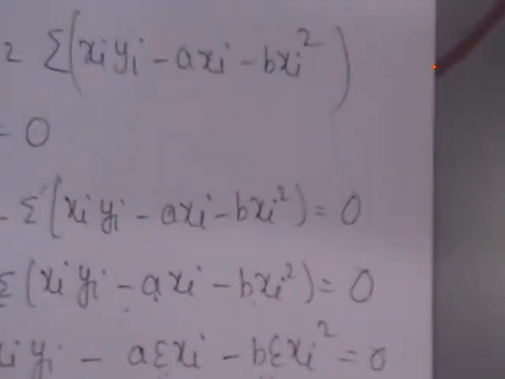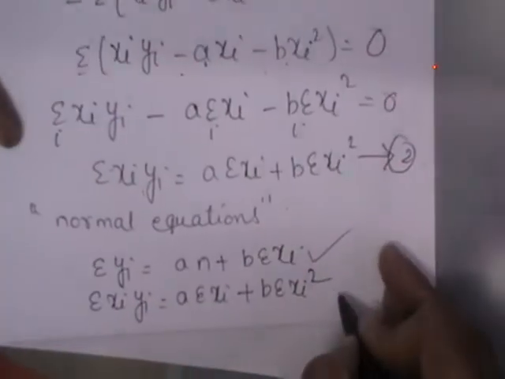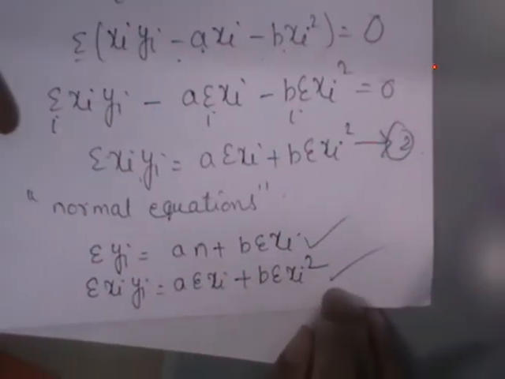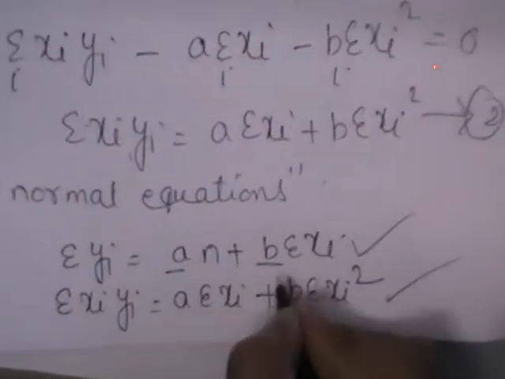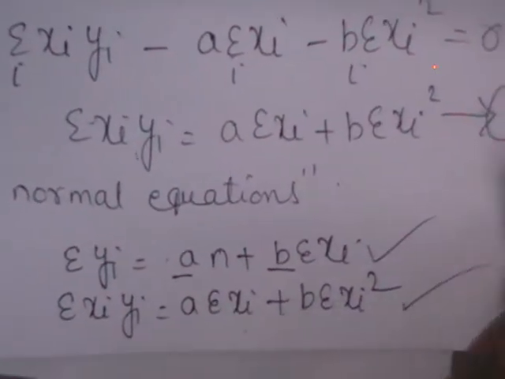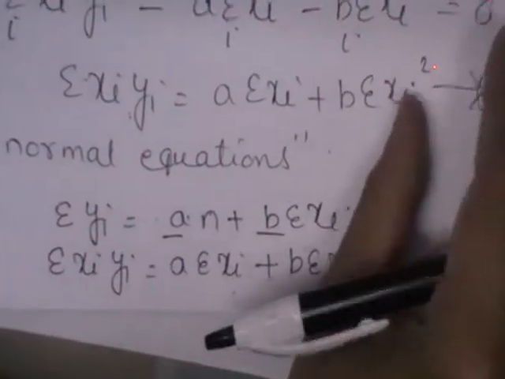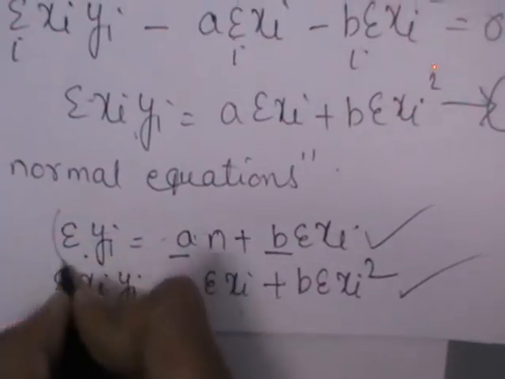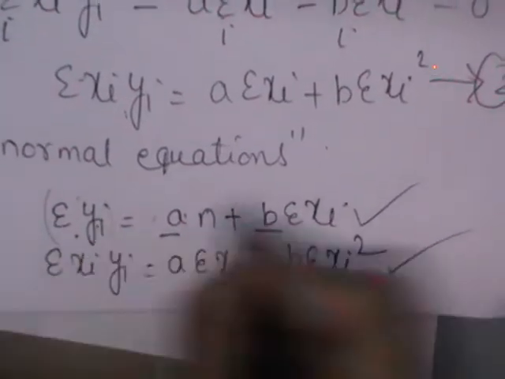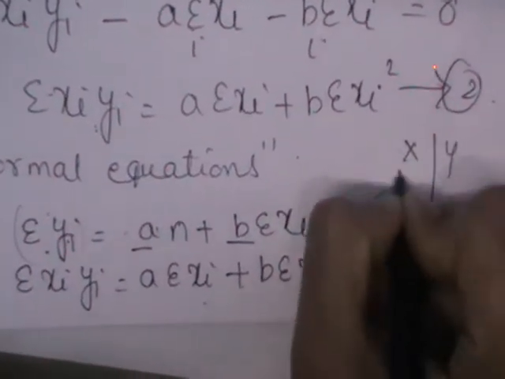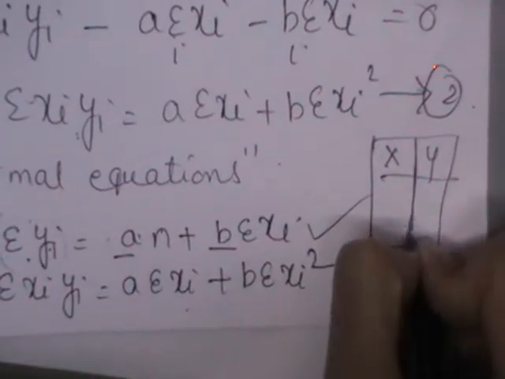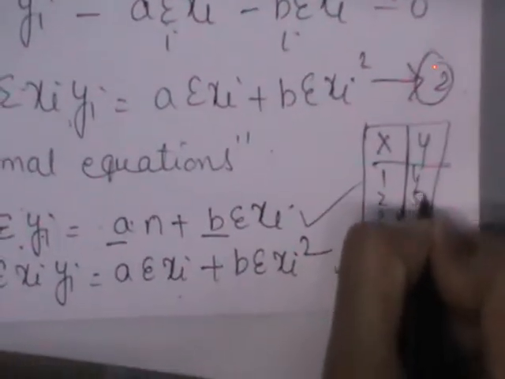By differentiating with respect to a, we got this equation. By differentiating with respect to b and equating to 0, we got another equation. So we have two variables and two constants. While doing the practical problem, we will understand sigma yi. What do you mean by sigma yi? It is the total of yi, when you are given xy data. Say 1, 2, 3, this is the data given to you.